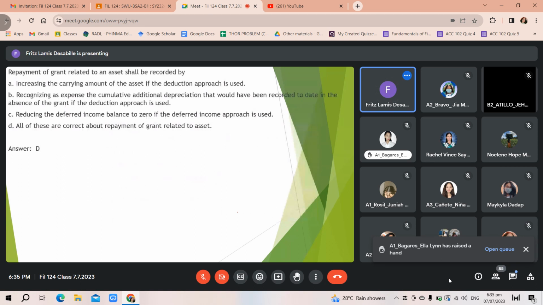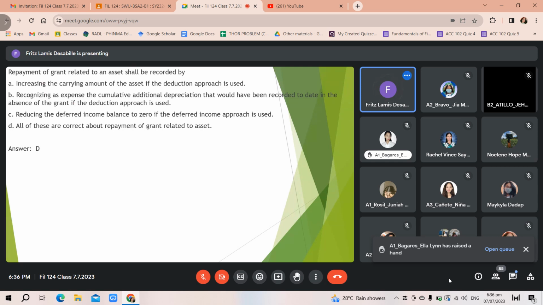Now, again, naa tay isa ka option, sige, later na lang ko, naa man tayo illustration. So all of this is correct. So tandaan na lang nato at this point, and we will be discussing this one further when we arrive sa mga problems, so don't worry.